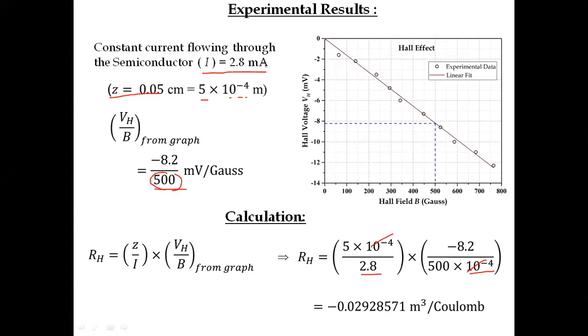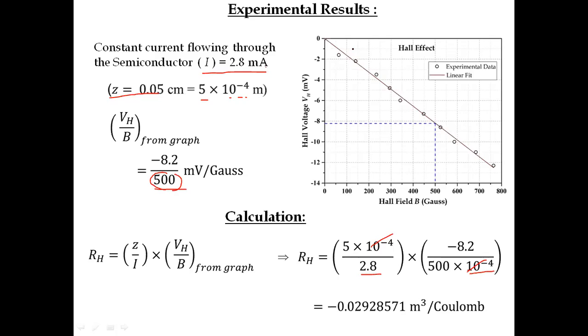So, sir has discussed how to calculate your Hall coefficient from the graph. Now, one thing I would like to add to what sir has said: your graph must pass through the origin. While you are drawing the mean graph, sir was saying that there must be an equal number of points lying below the line as well as above the line.